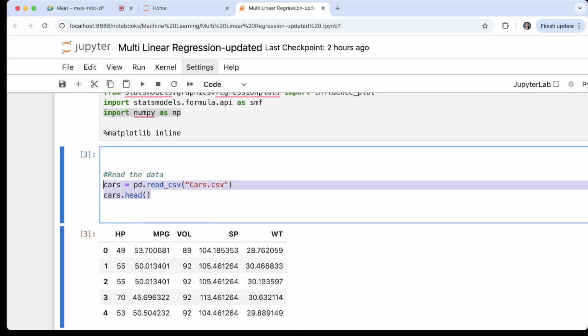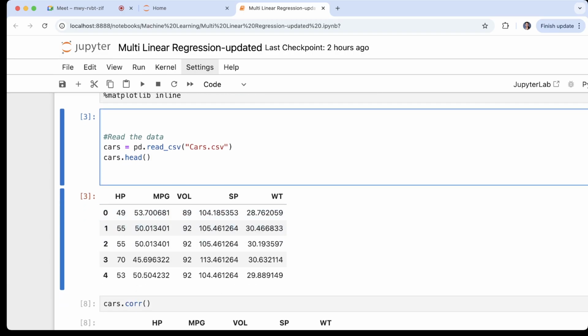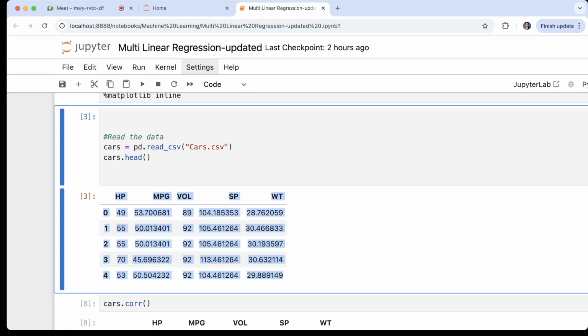Now here we will first read the data. We are using read_csv and we pass the name of the file. Make sure that the file and the notebook are in the same folder, otherwise you will need to give the absolute path. Then cars.head prints the first few rows of the data.